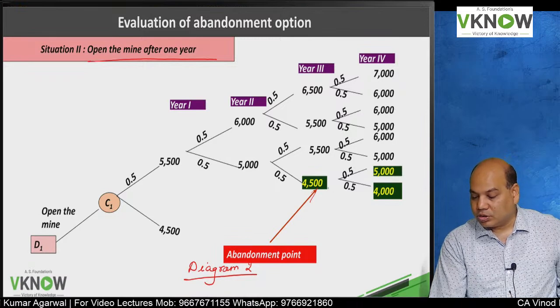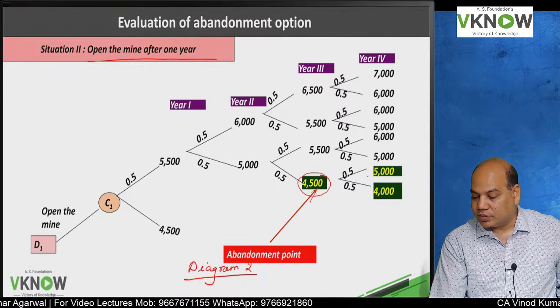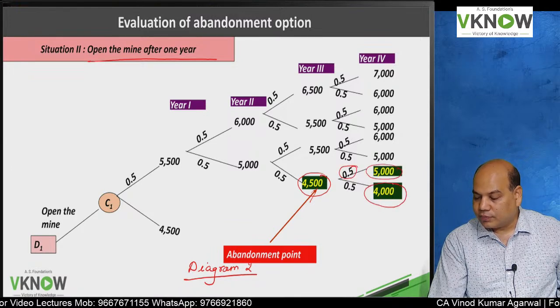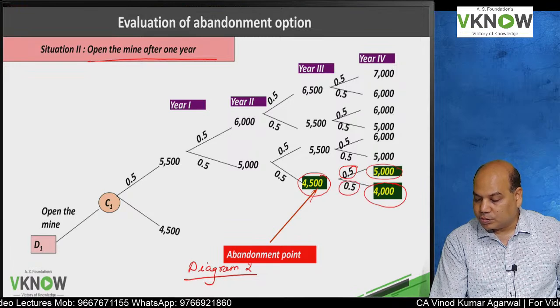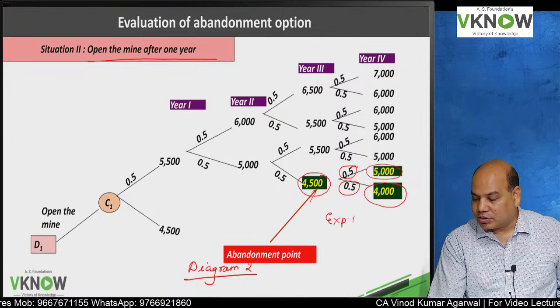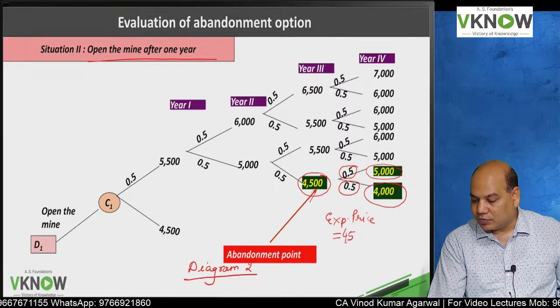Why? Because if I continue after this, I may get 5,000 with 0.5 probability or 4,000 with 0.5 probability. So my expected price will be 4,500.